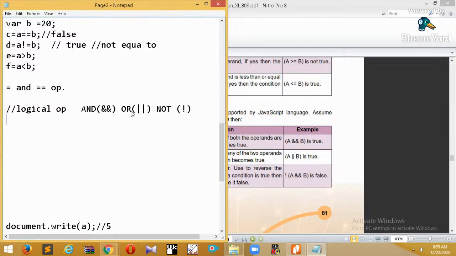Now, what is the use of these operators? I'm just taking a simple example. Suppose I have given one assignment to all of you, all class 11 web app students.